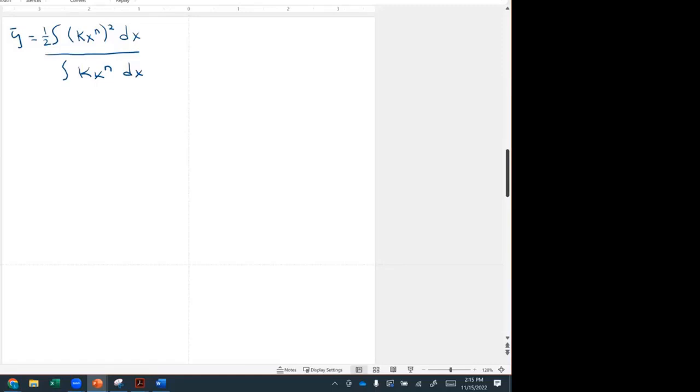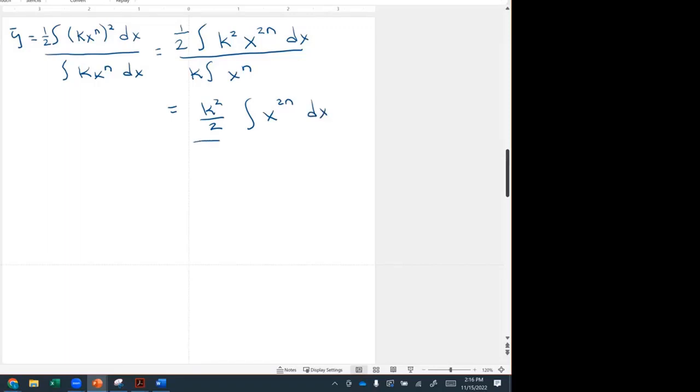This equals 1/2 k squared x to the 2n dx divided by the integral, where I can pull the k out, x to the n. This is equal to k squared over 2 times the integral of x to the 2n dx divided by k times the integral of x to the n dx.